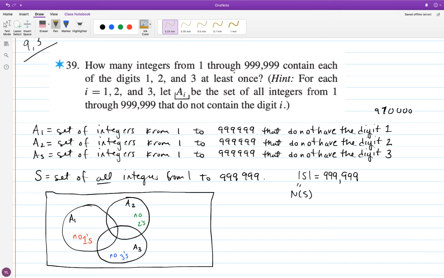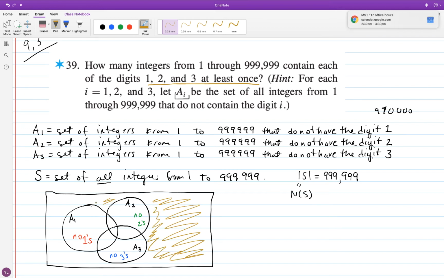And the count that I'm actually looking for, those numbers that have each of 1, 2, and 3 at least once, is out here, basically. If you are an integer that has each of 1, 2, and 3 represented at some point, then you are not in A2, nor are you in A1, nor are you in A3.